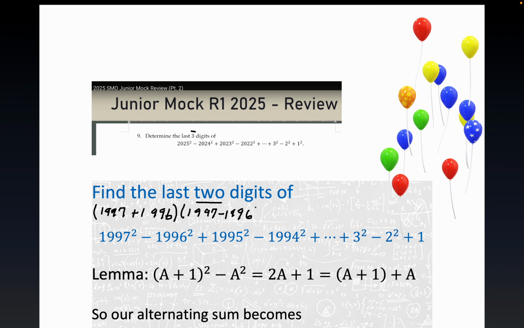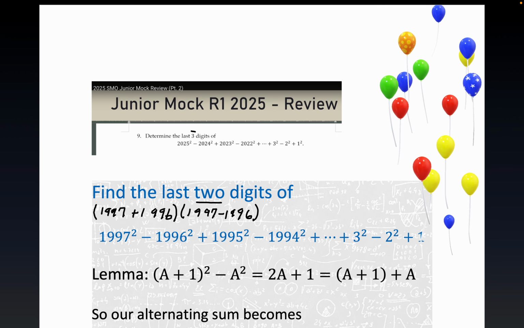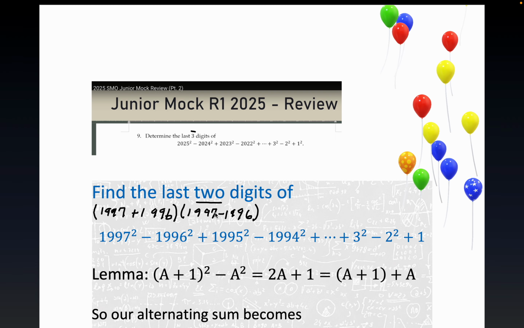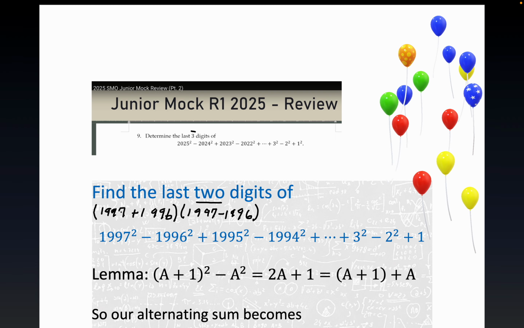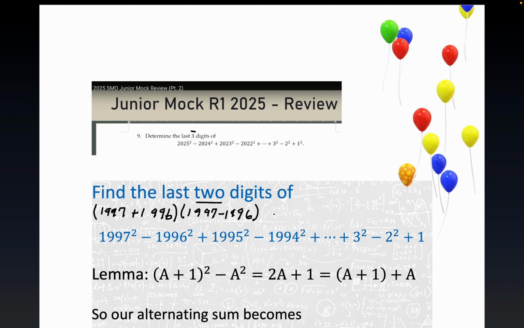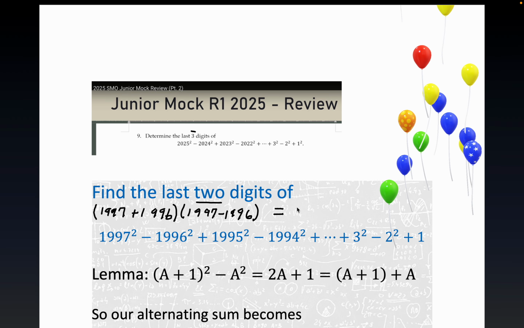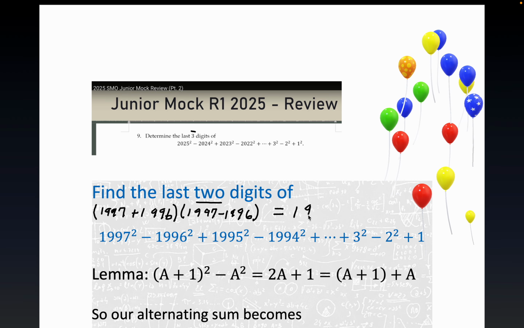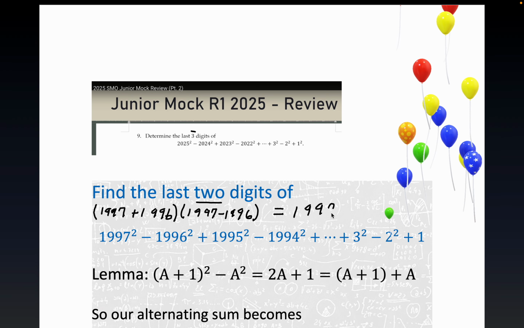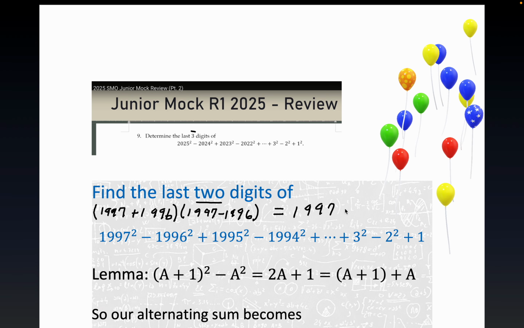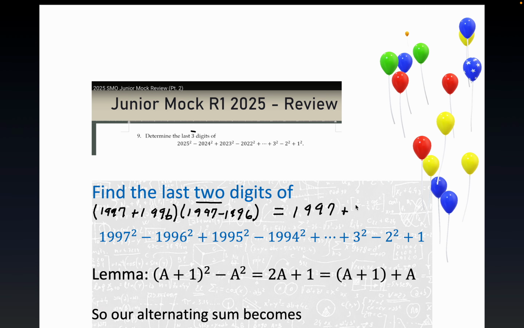So you see, we get lucky because this part right here is just one. 1997 minus 1996 is just one. So you're just left with 1997 plus 1996. And the part that's slightly hard about this, I guess, is knowing just to leave it like this. There's no need to add it up.